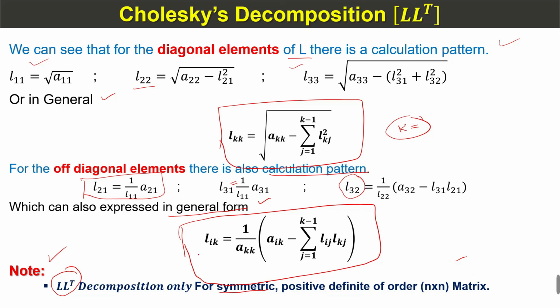This means we can apply it only when the given matrix is symmetric and positive definite. How can we know the given matrix is positive definite? We have already discussed the positive definite matrix, and I will provide the link to that lecture in the video description.